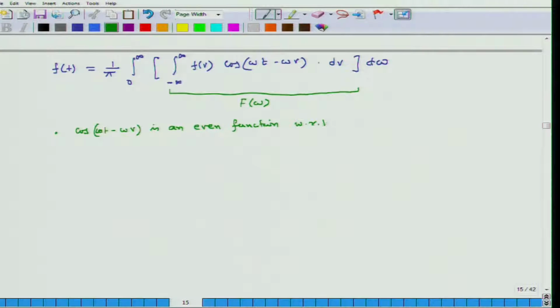with respect to omega. Second, when I integrate this whole thing, f of v times cosine omega t minus omega v dv, then the integrand of F omega has v, but once I integrate it, F of omega is independent of v.